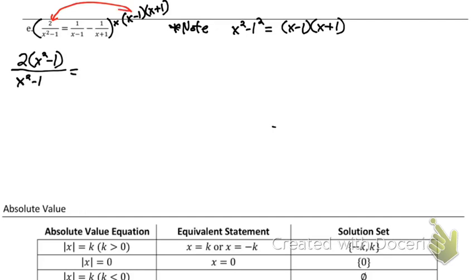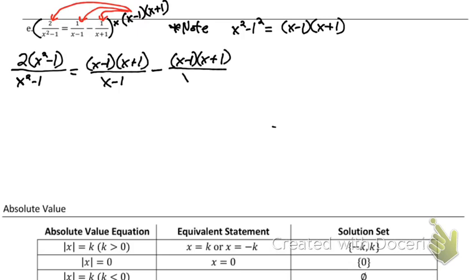That's going to equal, let's distribute to both of these. So we would have x minus 1 times x plus 1 all over x minus 1. And then we're going to have minus quantity x minus 1 times x plus 1 all over x plus 1.